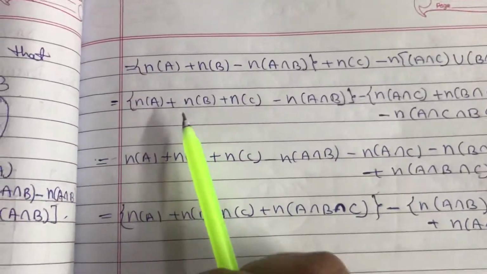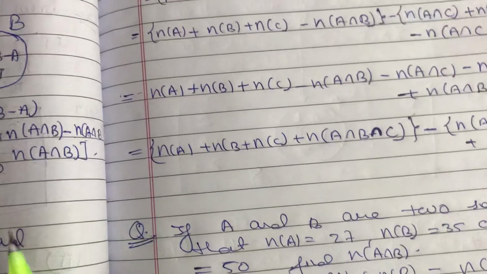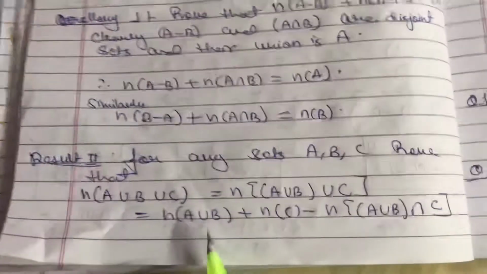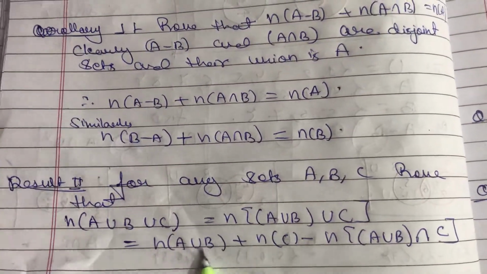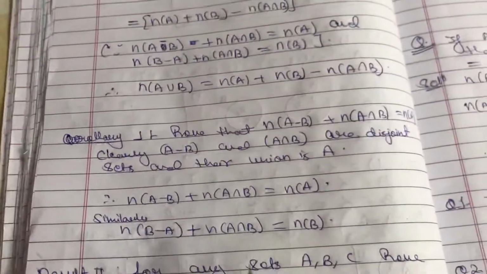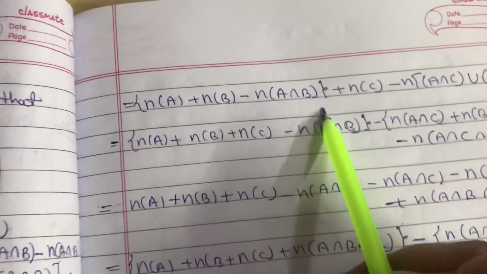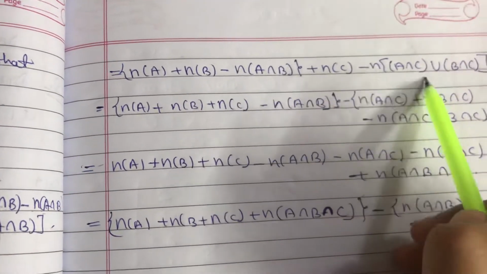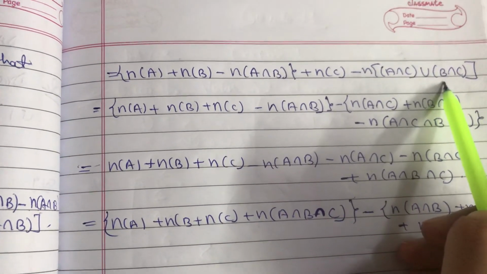Moving ahead, I can write we have n of A union B. Then again I'll break this. So A union B is what? n of A plus n of B minus n of A intersection B. So I have written the same. Rest of the terms, n of C and this, are as they are, right?